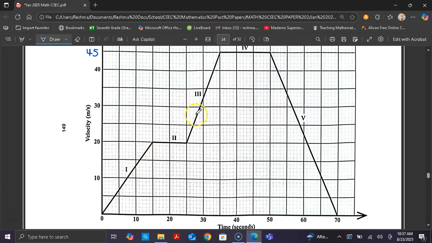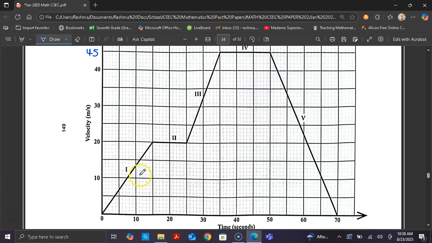We can tell just by looking at it which line would give a bigger gradient, which would be steeper. We can clearly see that section 3, this line, is steeper than 1. But of course we have to show calculations.